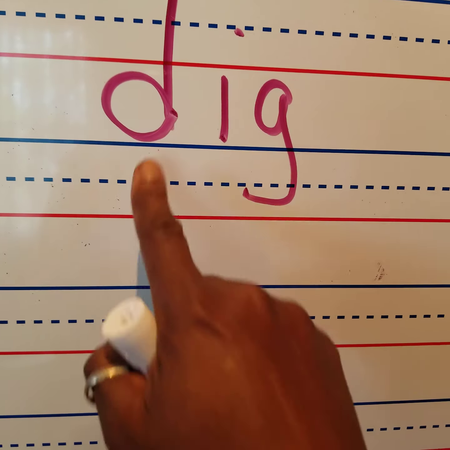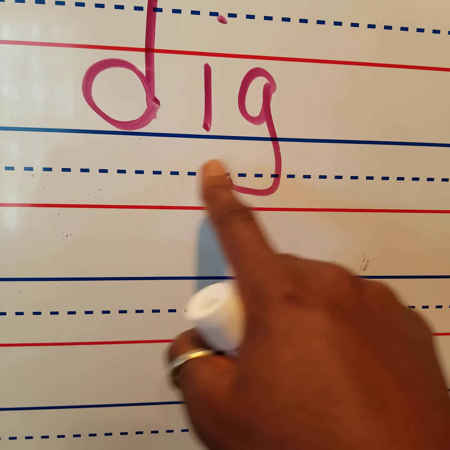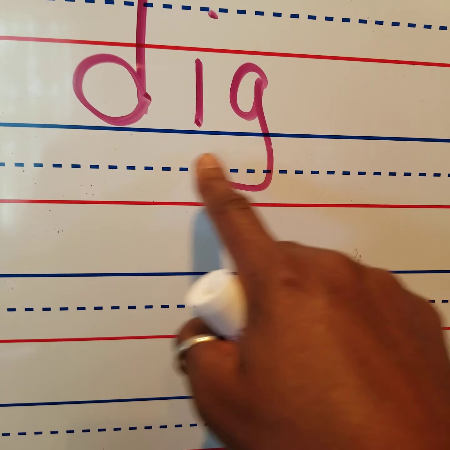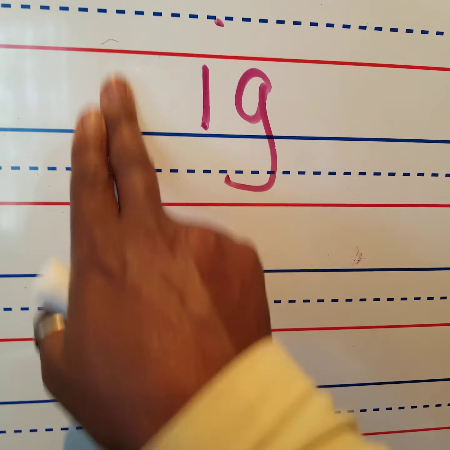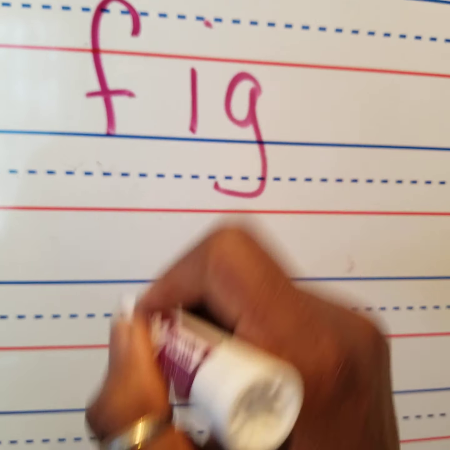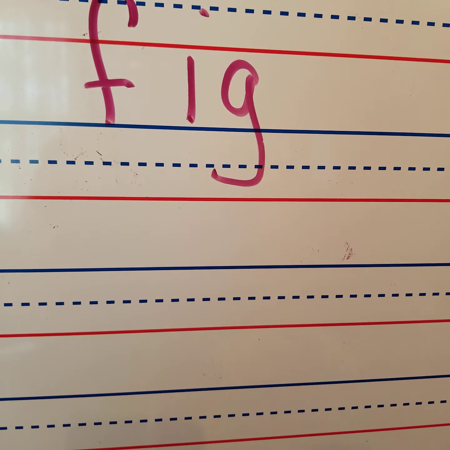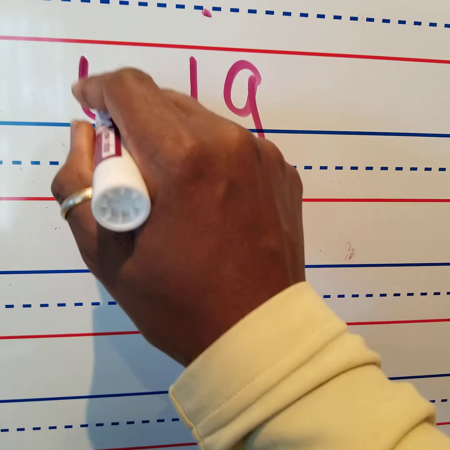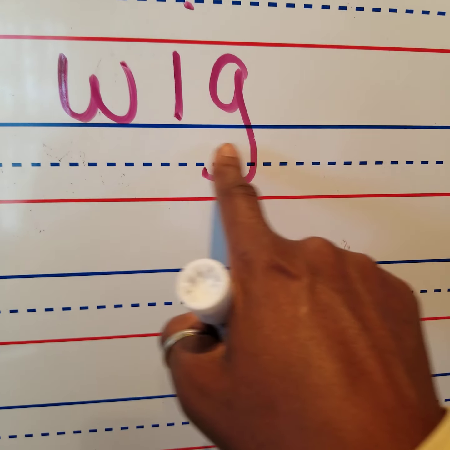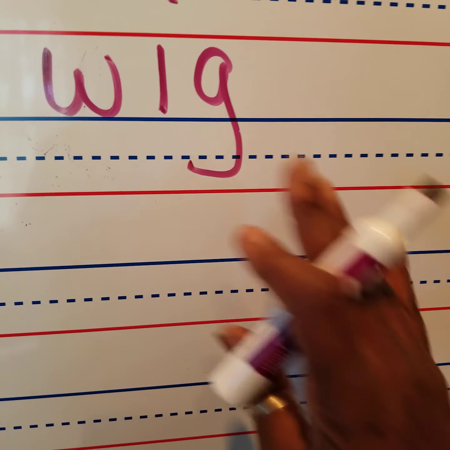All right. So I have dig. If I change the D to F, I have fig. And if I change the F to W, I have wig. Excellent job. Moving right along.